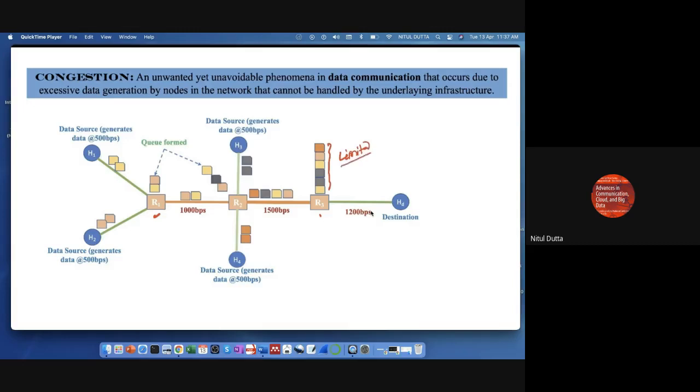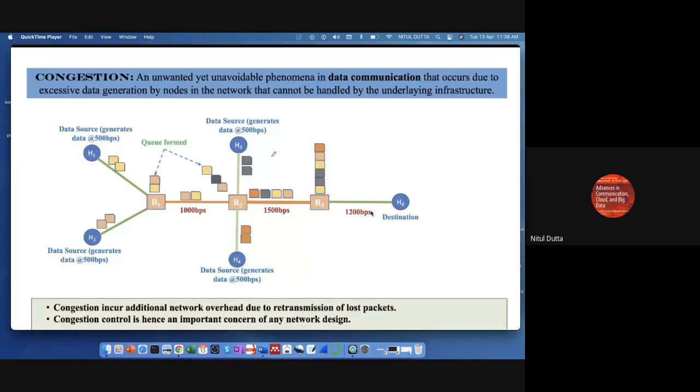It means that when the number of packets exceeds the size of the queue, packets will not be allowed, or the router will not be capable of storing any more packets. Then what happens? Let us see what happens when the source of data generates packets indefinitely.